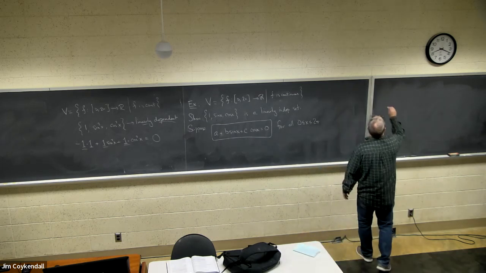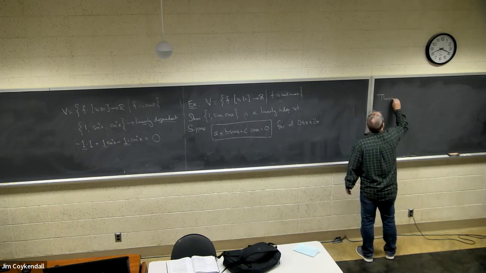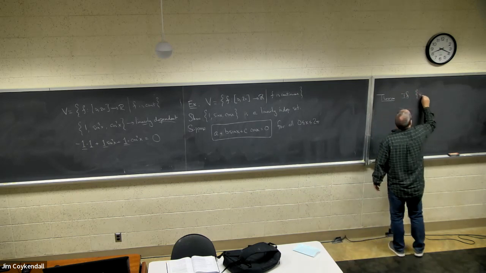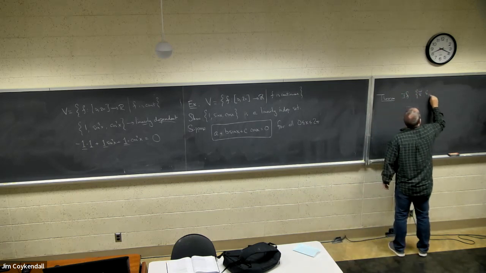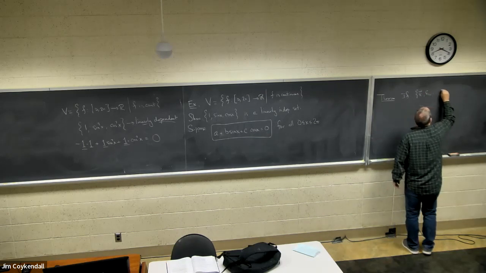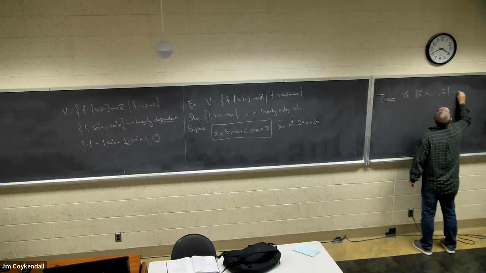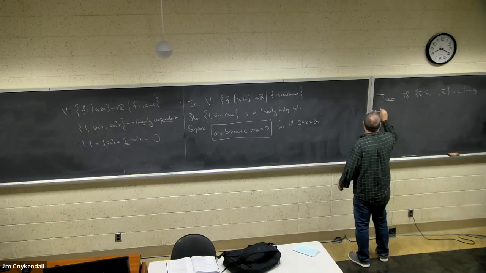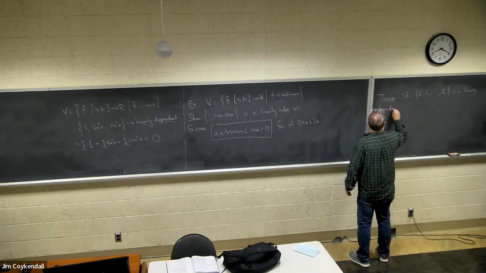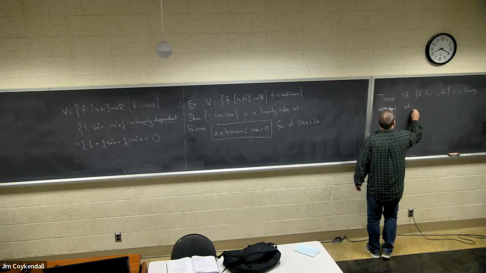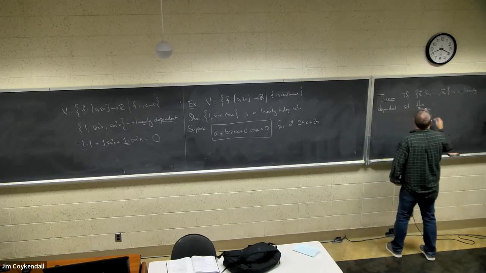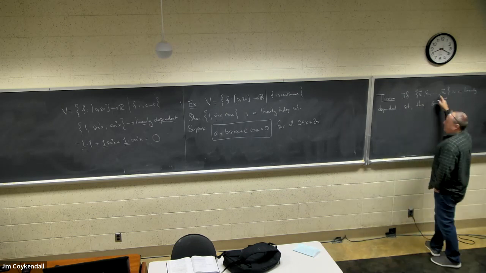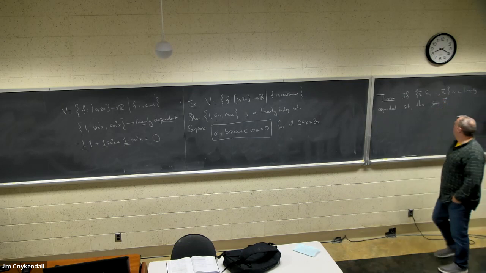Actually, if b1, b2, ..., bk is a linearly dependent set, then one of these vectors is a linear combination of the others.